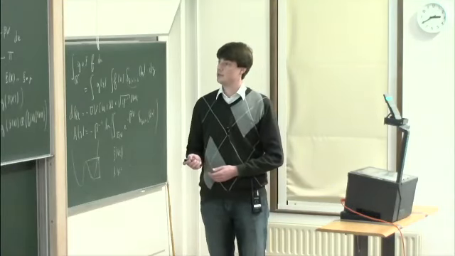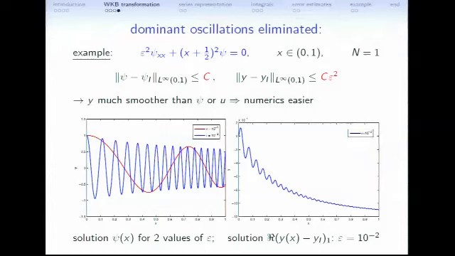And just to illustrate what this transformation does, let's come back to our example here. First of all, you can show that this wave function psi oscillates around the initial condition with an amplitude of order 1. So this part is only bounded by a constant, and this is exactly what you can observe quite well in this picture. Independent of epsilon, the amplitude is always the same size.